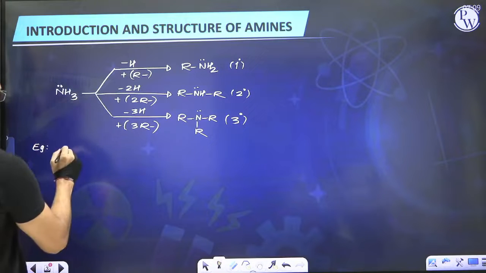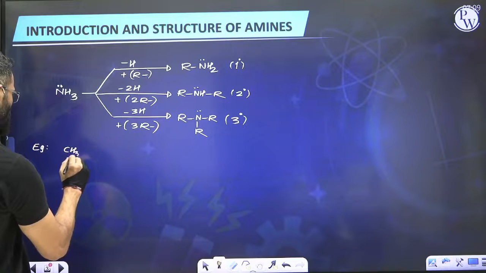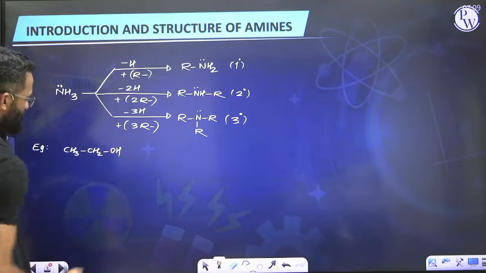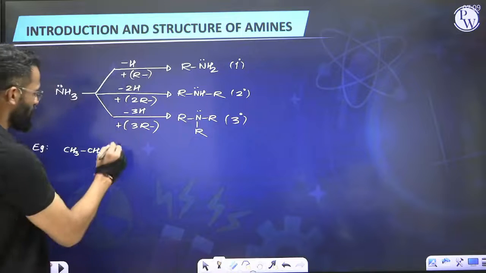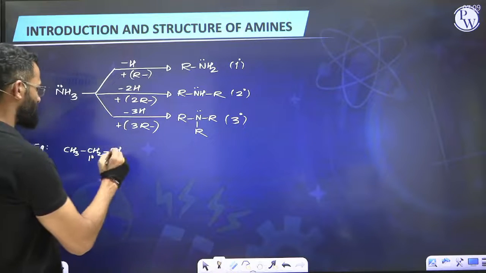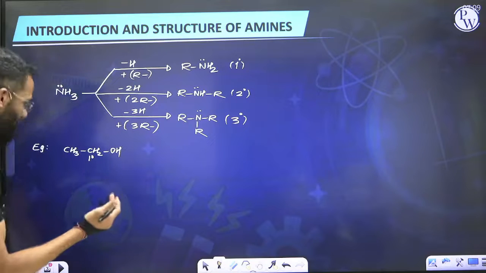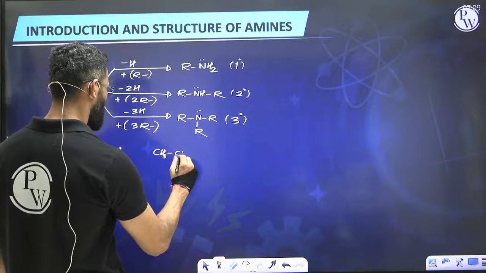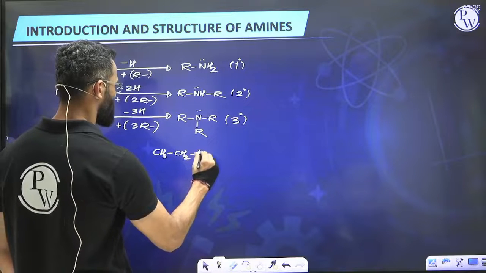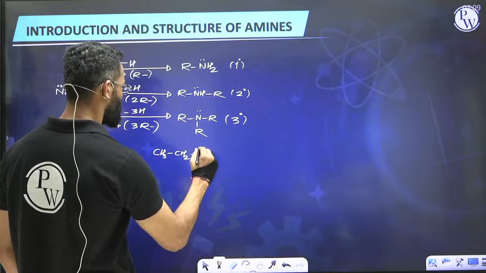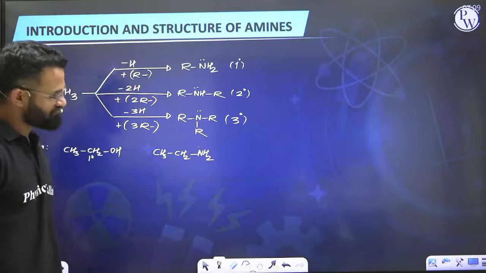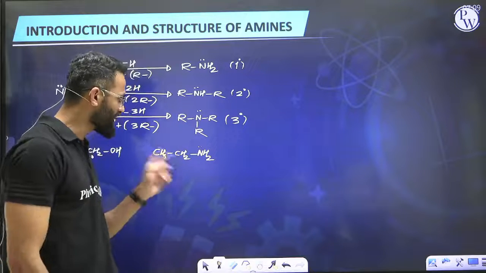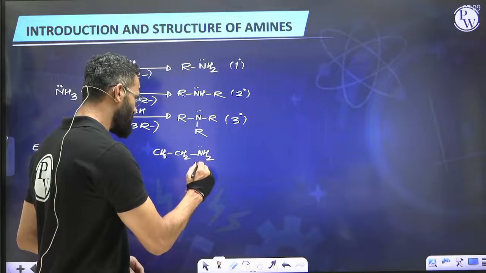Let's say we have ethyl alcohol, and if someone asks what's the degree of the alcohol, we say here OH is connected to a primary carbon atom, hence such alcohol is called a primary alcohol. Similarly, let's say we have examples such as ethylamine. And if someone asks what's the degree of the amine, again nitrogen is directly connected to only one carbon atom, right? So the degree of nitrogen is primary, so I'm calling it a primary amine.